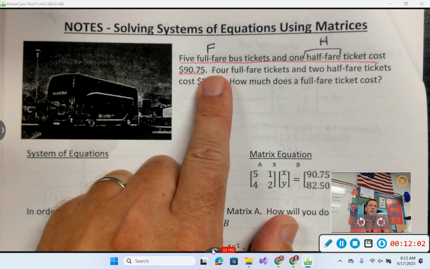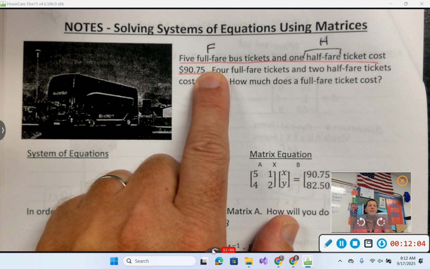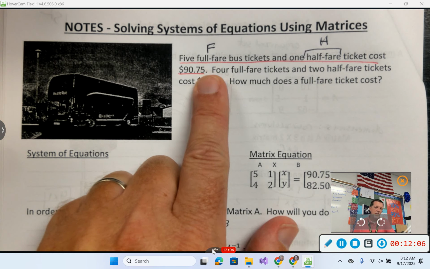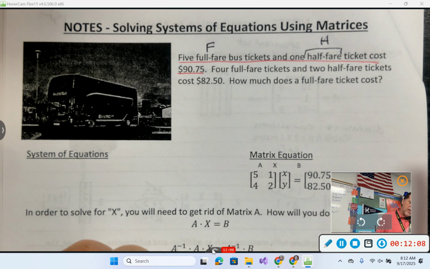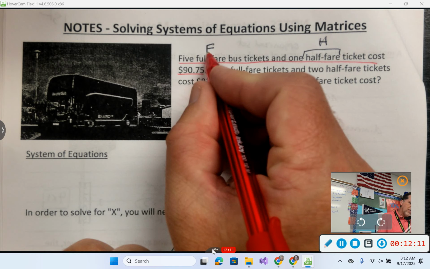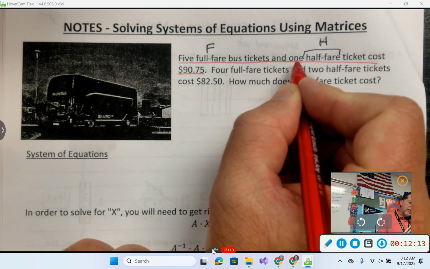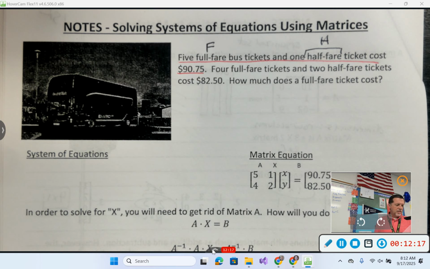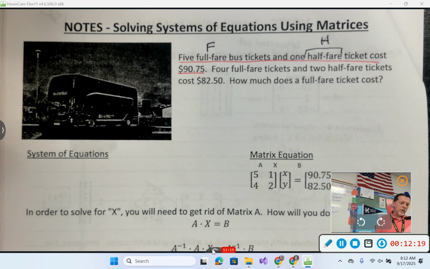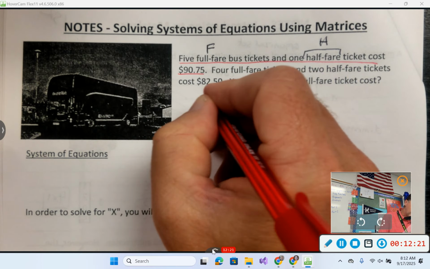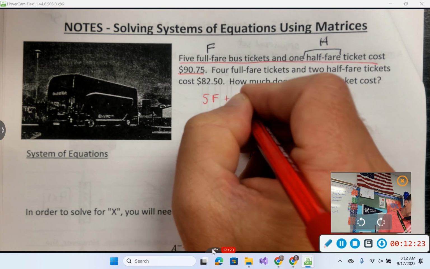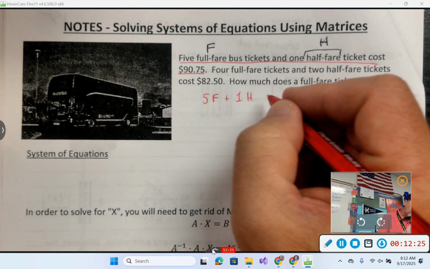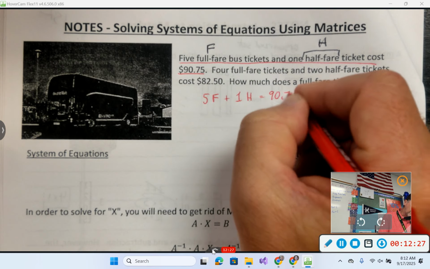So, how do I write this first sentence as an equation? 5 F's and 1 H cost $90.75. 5 F's plus 1 H equals $90.75.